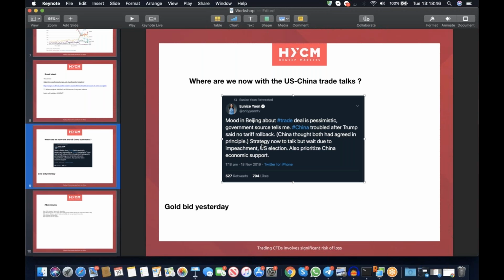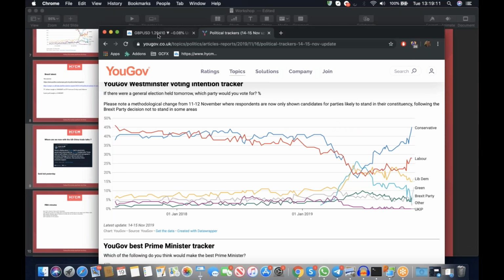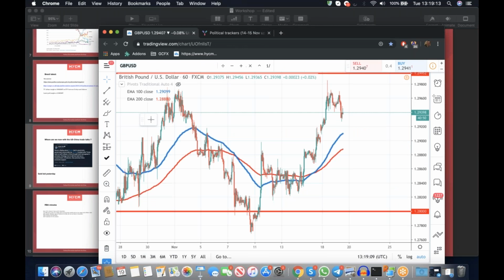China thought both had agreed in principle, and the strategy now is to talk but wait due to impeachment, the US election, and to prioritize China economic support. So the mood in Beijing about a trade deal is pessimistic. So the frame of reference yesterday was pessimism, and on this pessimism we saw some risk off tones coming into the market.